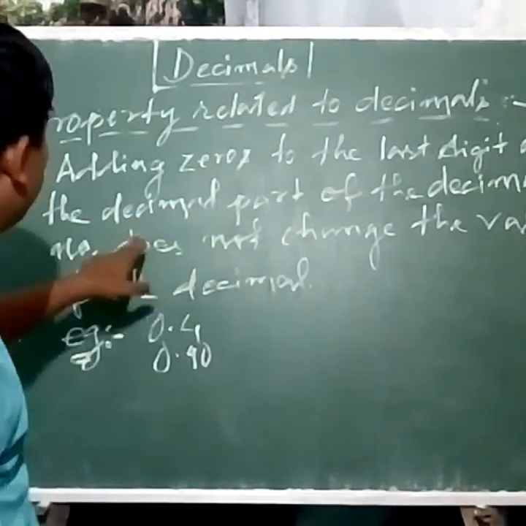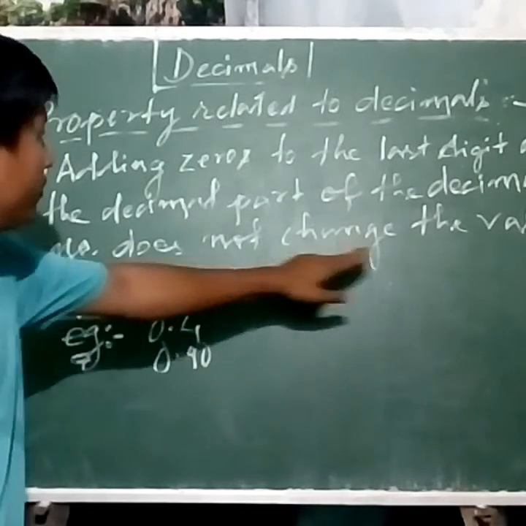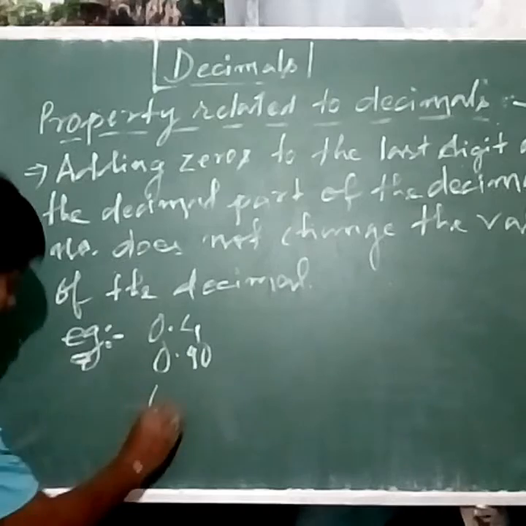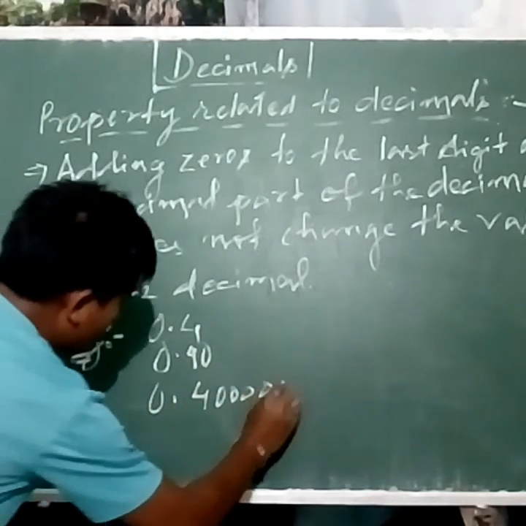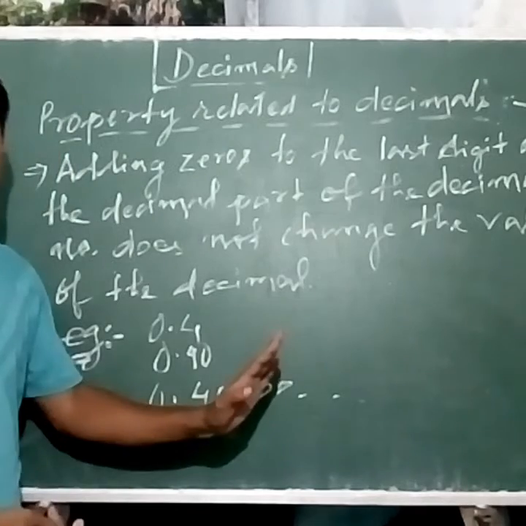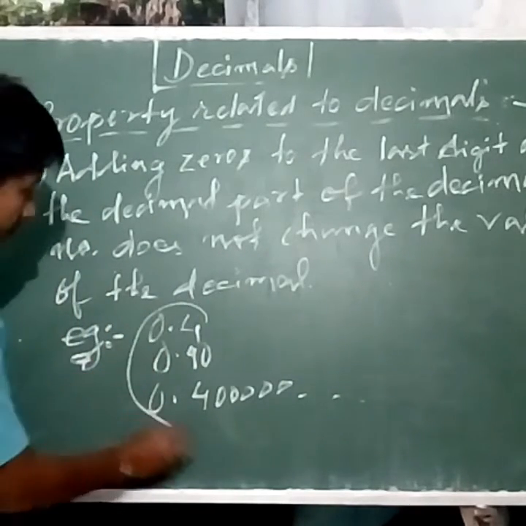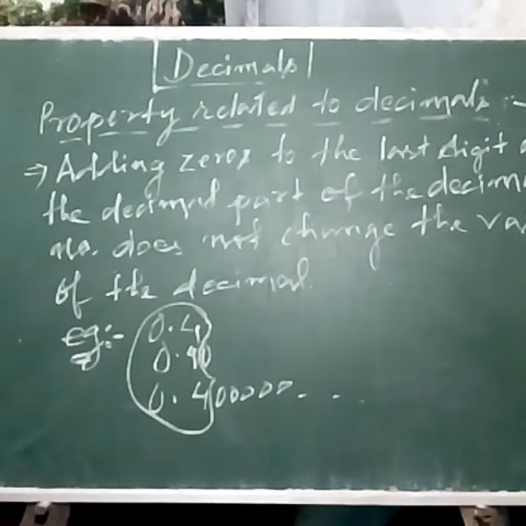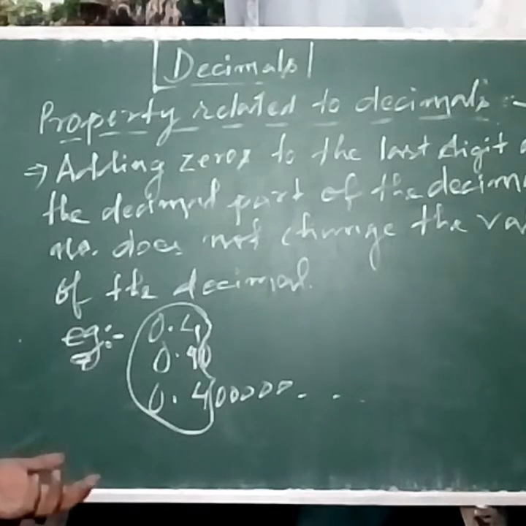Adding zeros to the last digit of the decimal part does not change the value of the decimal. So we can write this as 0.4000, the way you like, but the value will remain just 0.4 only. Now I am going to solve some questions, and you can understand more properly from there.